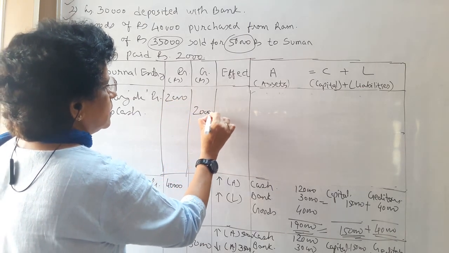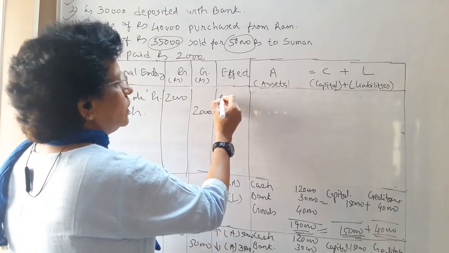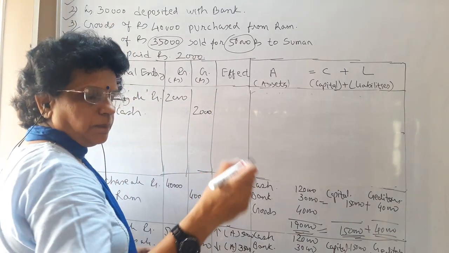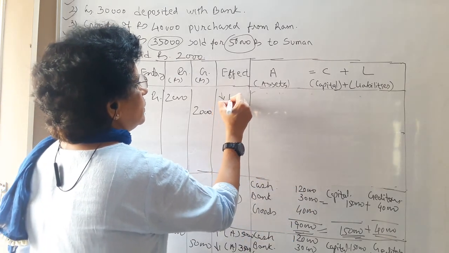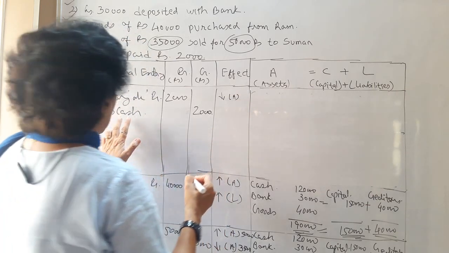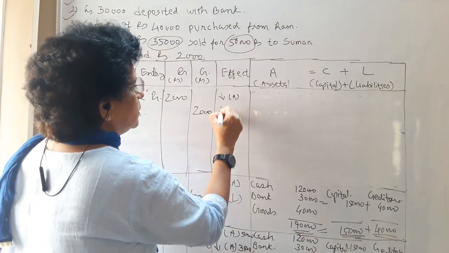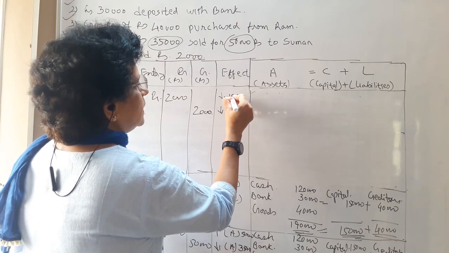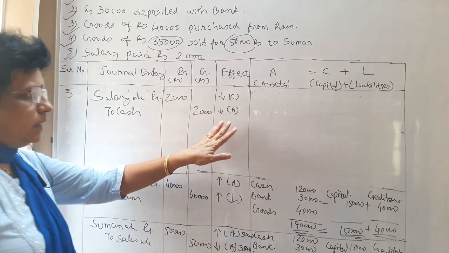So here salary is your expense. So here your expense is paid in the form of cash. So your cash will decrease by rupees 2,000, and ultimately salary is again going to reduce the capital. So salary will reduce the capital, and here cash reduces the asset.